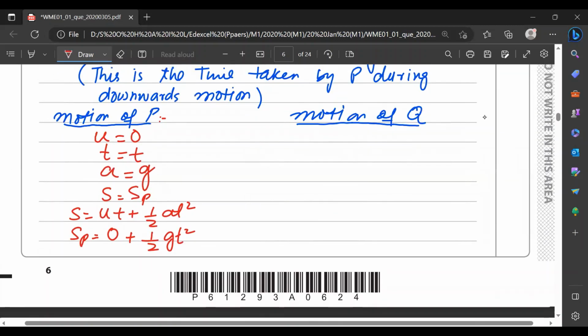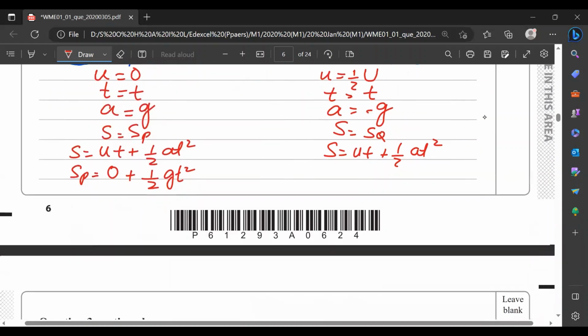Motion of Q: initial is 1 over 2 u, time is T, moving up, minus g is the acceleration due to gravity, and this is SQ. Again, I can use ut plus half at square. So SQ is equal to 1 over 2 ut minus 1 over 2 gt square.